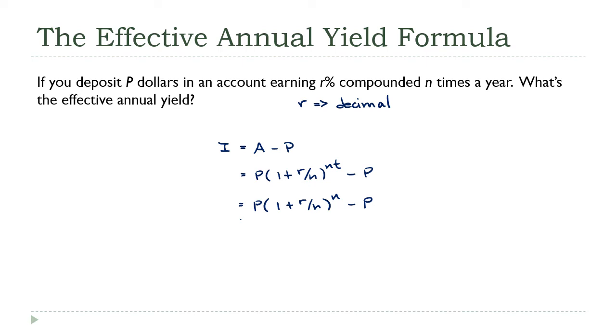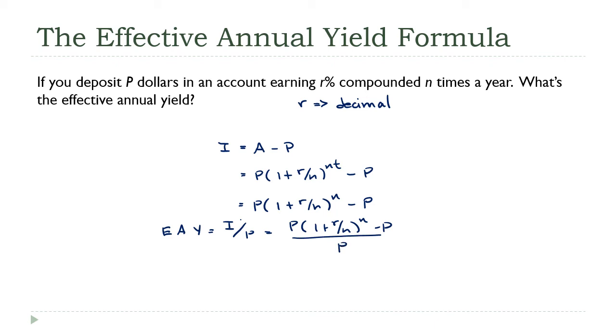You remember what we did on the last step on the previous slide in our calculations? I took the interest amount in dollars and I divided it by the principal. So the effective annual yield is the interest divided by the principal, which is P(1 + r/n)^n minus P, divided by P. Now I can do some canceling here.